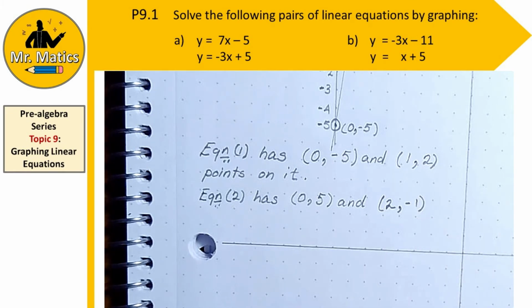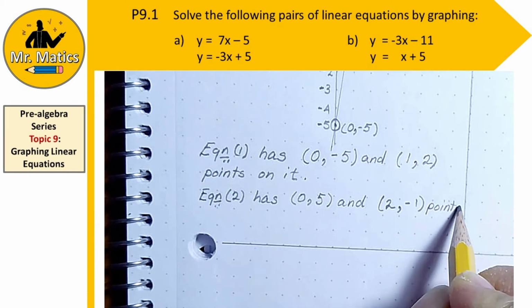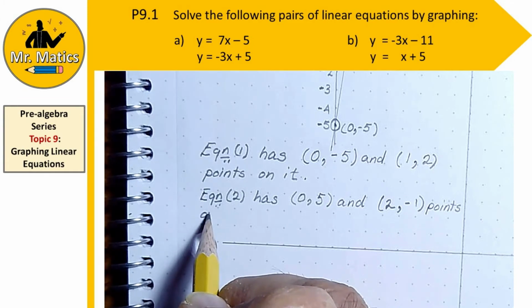So if x is 2, y is -1, and these are the points on it.